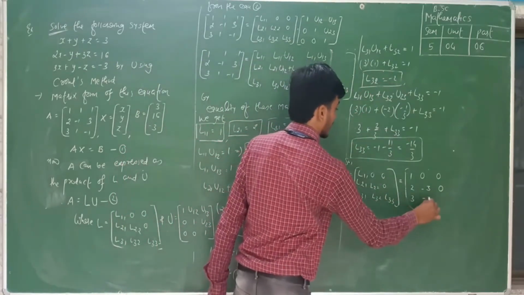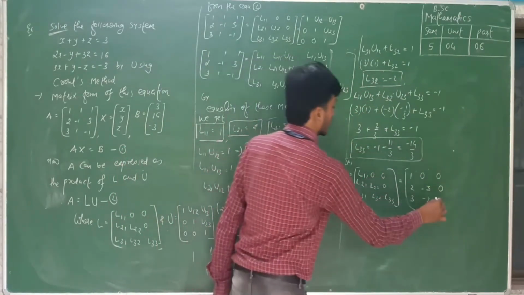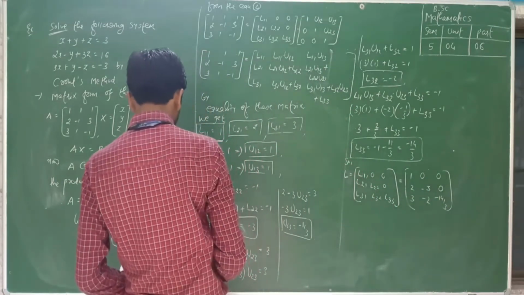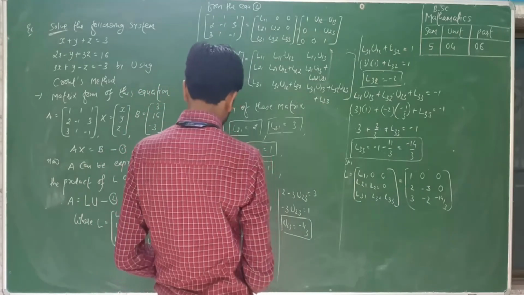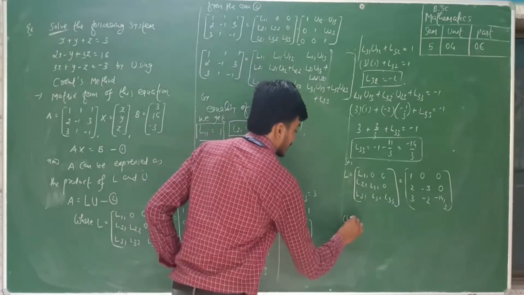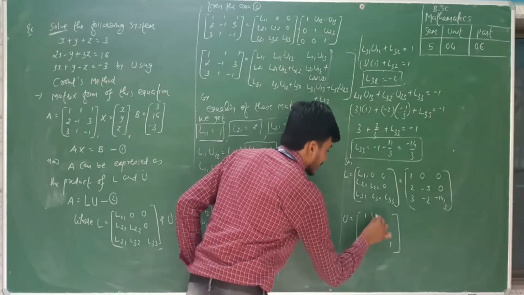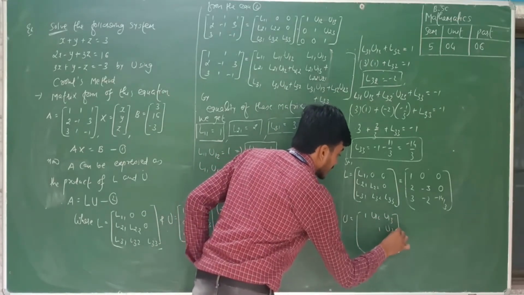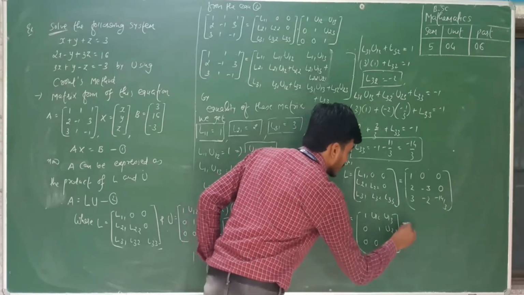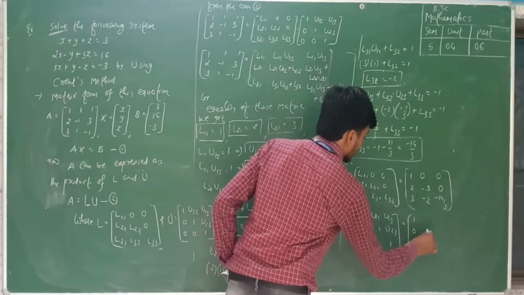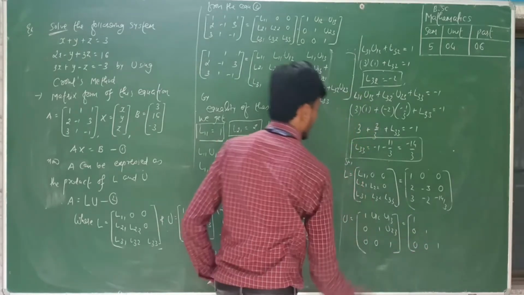L32 that means value minus 2 and L33 is minus 14 by 3. And U, the unit diagonal elements are 1, with the upper entries U12, U13 and U23, and zeros below.